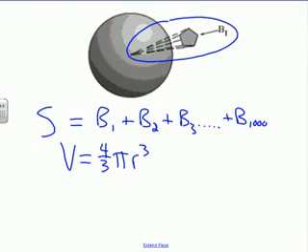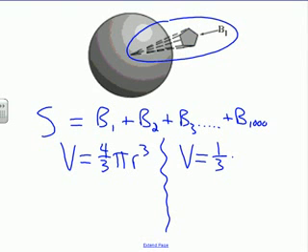If we think about finding the volume of that pyramid, the volume of a pyramid is 1/3 times the area of the base times the height. Since this is a sphere, the distance from the center out to any point on the sphere is always the radius.